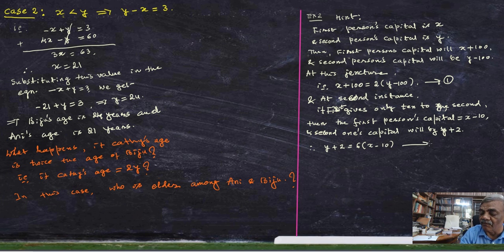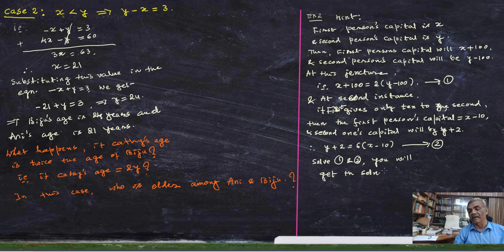If you solve 1 and 2, you will get the solution. This is the hint, in which I have formed the linear equations in two variables, and I will leave the solution of these two linear equations as an exercise.